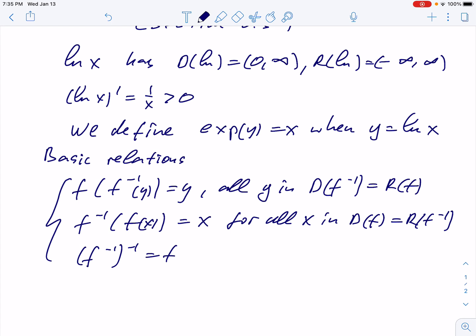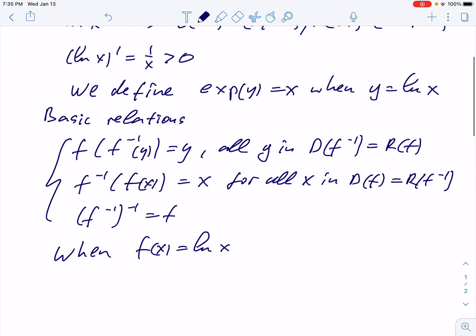In the case of the natural logarithmic function, when f of x equals natural log x, how do these look?